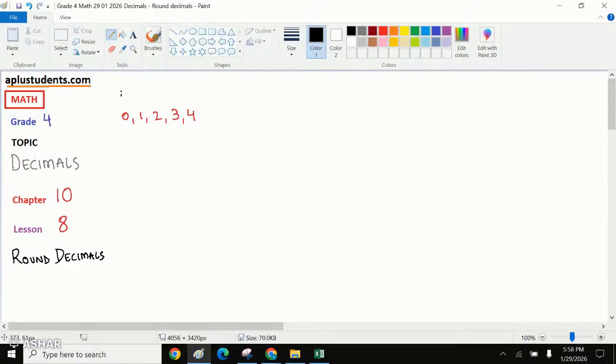This means we round down, because it's nearer to the smaller value. But if the digits are 5, 6, 7, 8, or 9, we round up.